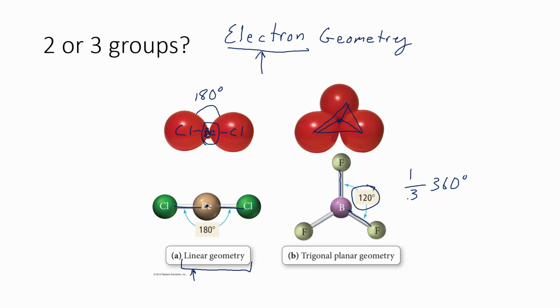Now, what I want to point out here is when we name this trigonal planar and we name this one linear, that we've also talked about a different way to name these groupings when we looked at the Lewis dot structures. And the Lewis dot structures of these would be this for beryllium chloride.